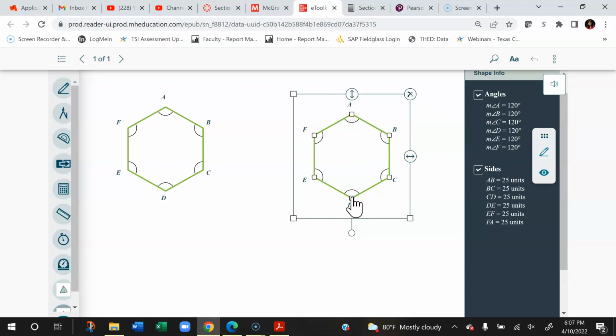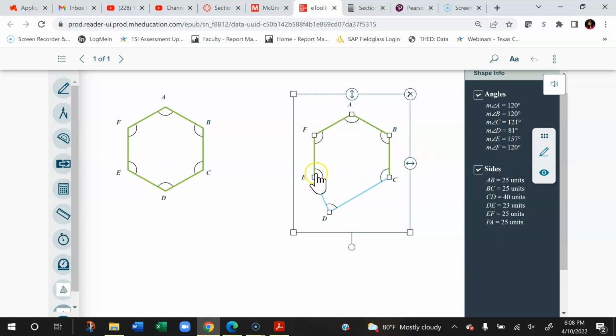Now if I were to take this and do that right there, I do still have some angles that are congruent: angle F, angle A, and angle B. Those three angles are still congruent, but the others are not at this point because they are no longer the same measure.